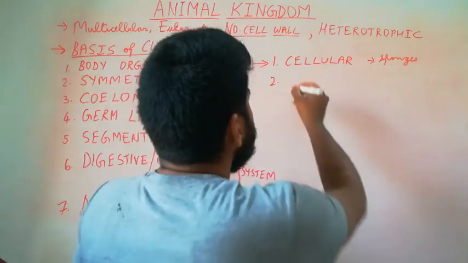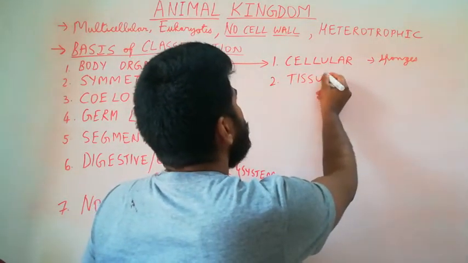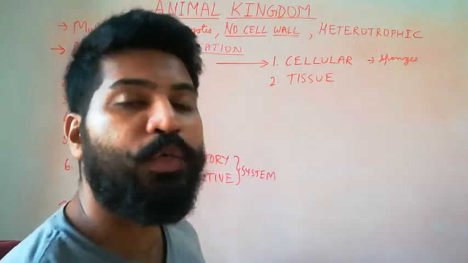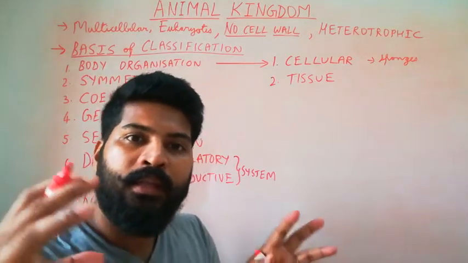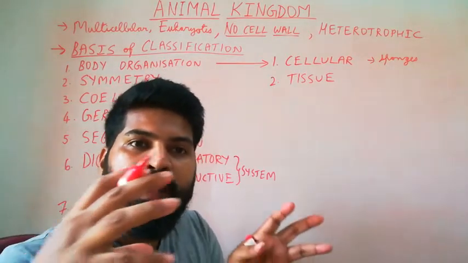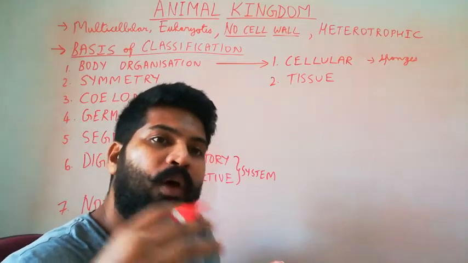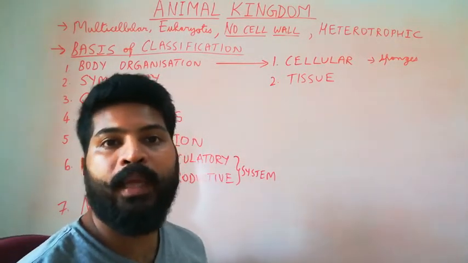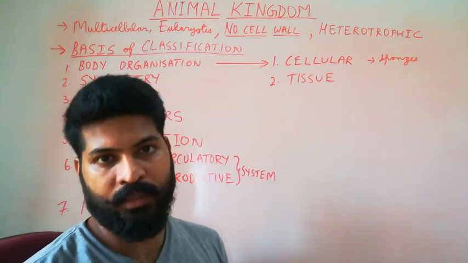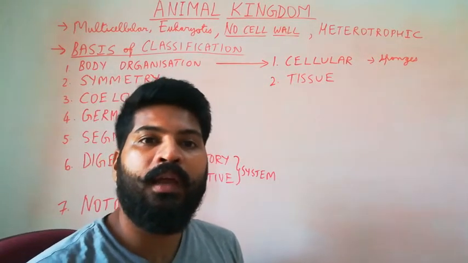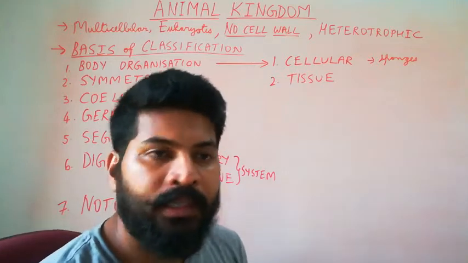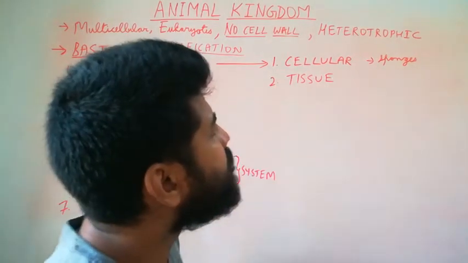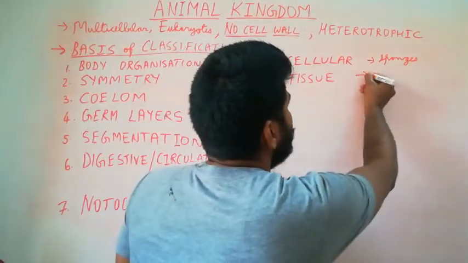Whereas in certain other animals, they display a tissue level of organization where certain groups of cells may be similar or dissimilar. They come together and they perform a similar function. So this helps in division of labor, and such a type of body organization is called tissue level of organization.